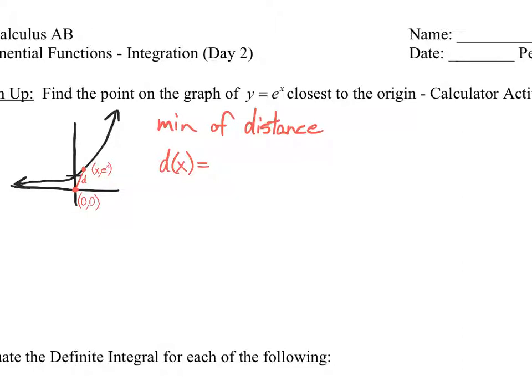Remember, this is derived from the Pythagorean theorem. If you remember where it's derived from, it's easy to remember the formula. It's the square root of something squared plus something squared. So what are those somethings? It's the distance between the y's, y2 minus y1, e to the x minus 0, and the distance between the x's, so x minus 0.